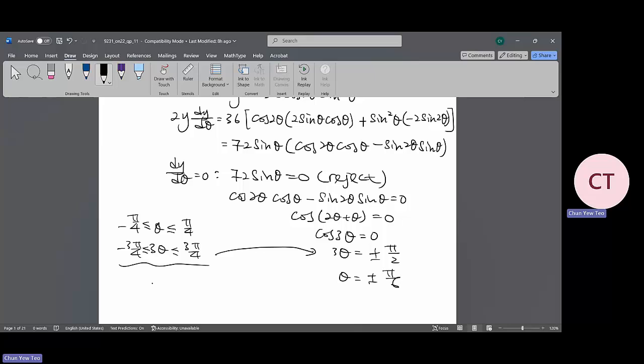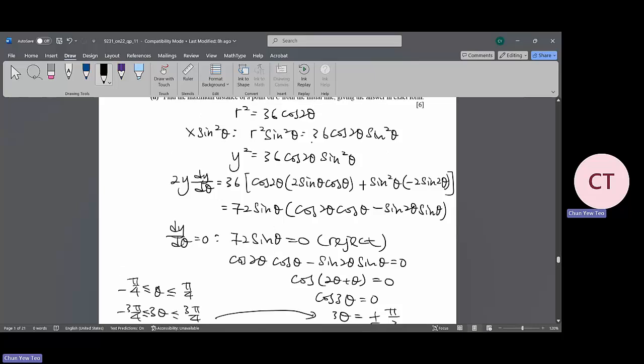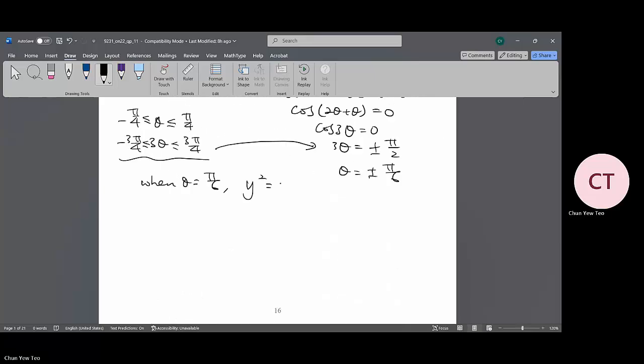Okay, so when your theta is equal to positive pi over 6, we are looking for the maximum distance. So your y squared, just replace it inside here. So you get 36 cos 2 theta, 2 theta will be pi over 3, and then sine squared pi over 6.